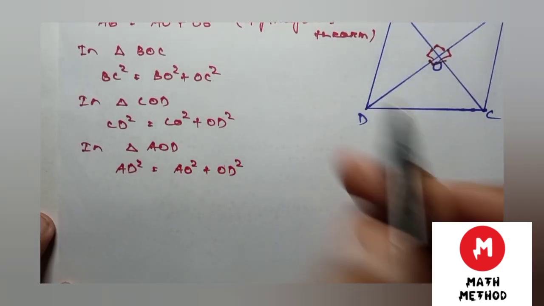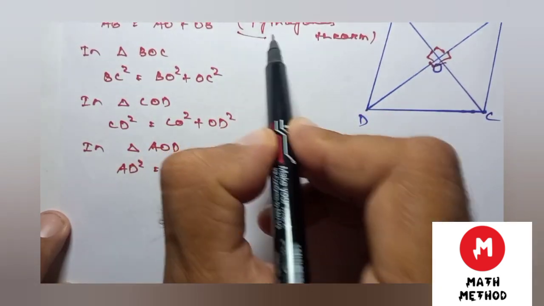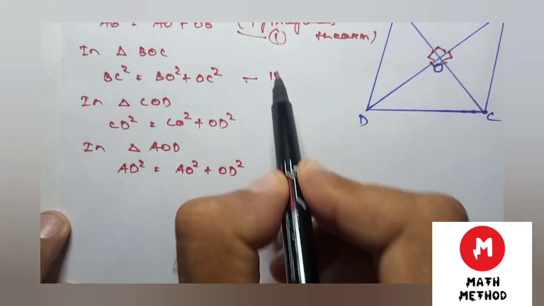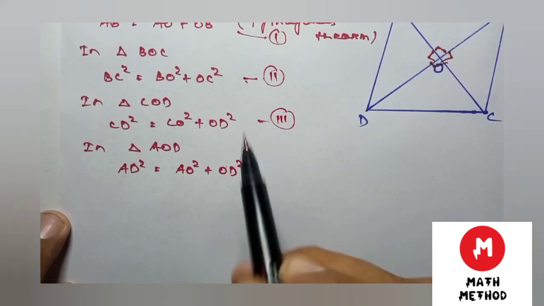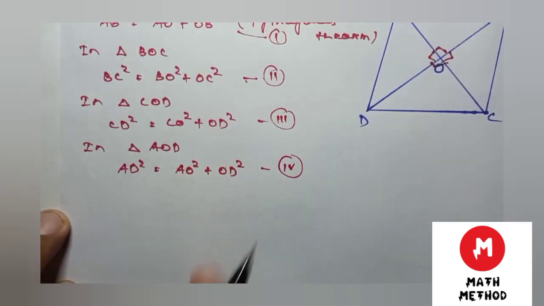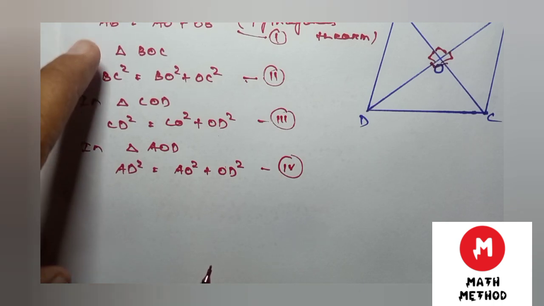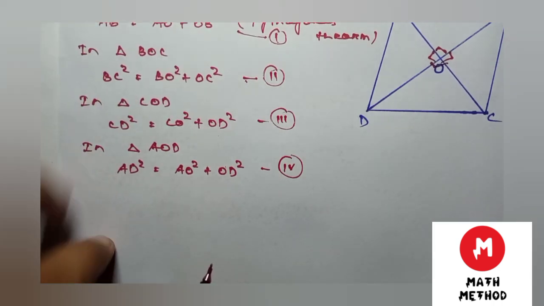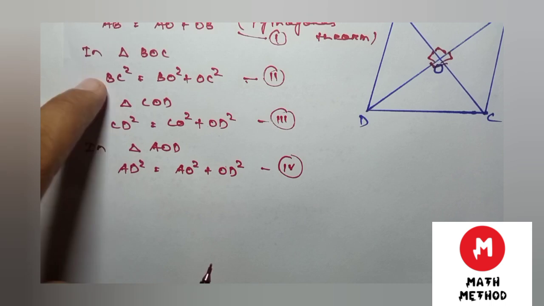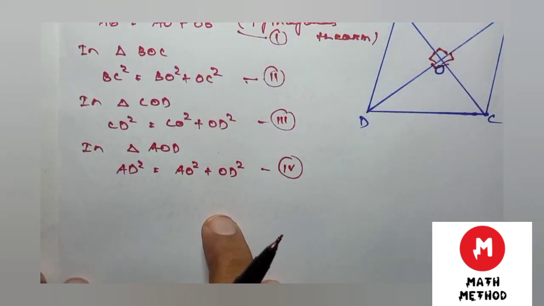Now add both LHS and RHS of each equation 1, 2, 3 and 4. If we add, we have to add LHS with LHS and RHS with RHS.